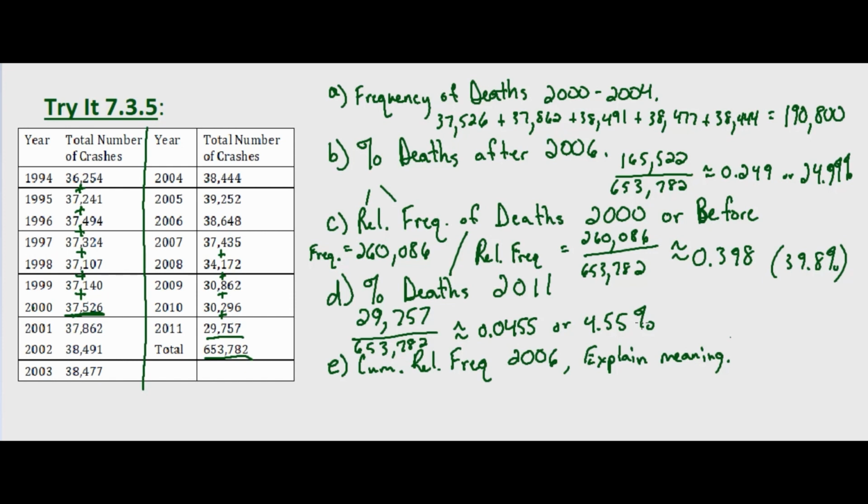Now, last but not least, with Part E, we're asked to find the cumulative relative frequency for 2006. So for the cumulative relative frequency, we want the relative frequency from 1994 all the way to 2006. We would add up the frequencies, 38,648 plus 39,252, and so on, all the way back to the beginning in 1994.